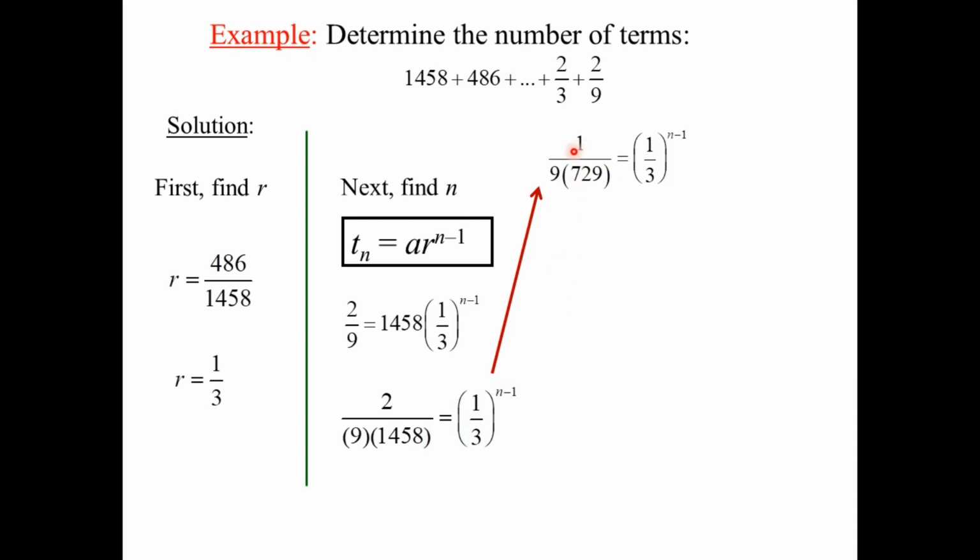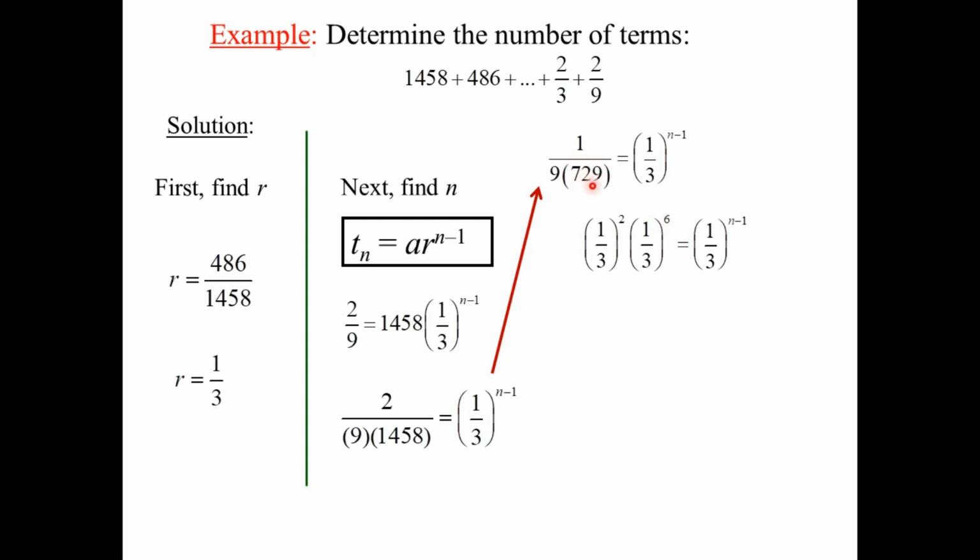Now, this is 1 over 9 times 1 over 729, because it would be top times top over bottom times bottom. So it's 1 over 9 times 1 over 729, but we can re-express those as this is 1 over 9, and this is 1 over 729, because 729 is 3 to the 6.